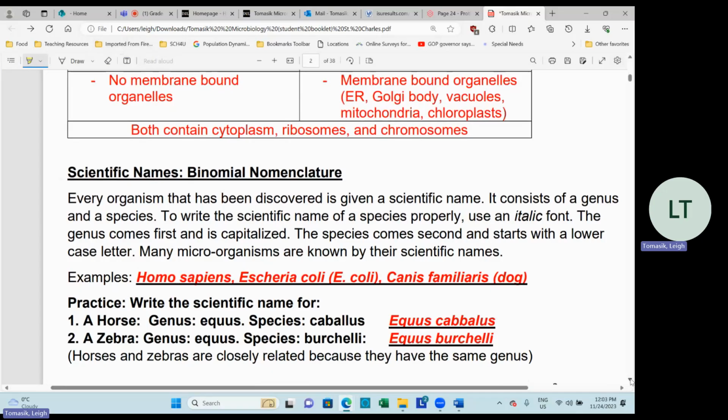So when we name organisms, we name them by the way they are classified. So we have, for example, different kingdoms of organisms like plants and animals and fungus and bacteria, right?